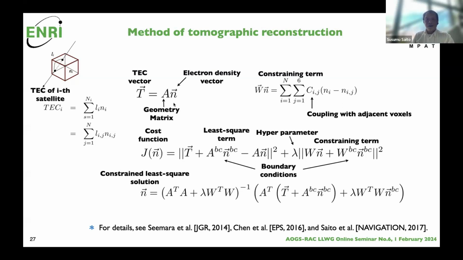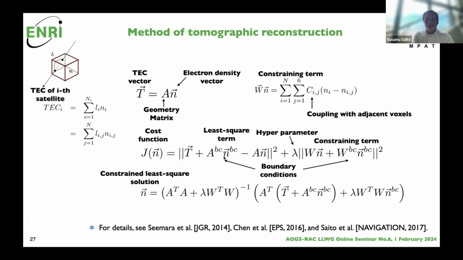So we defined a cost function to be minimized, and we introduced two terms. First one is the least square term with actual boundary condition.